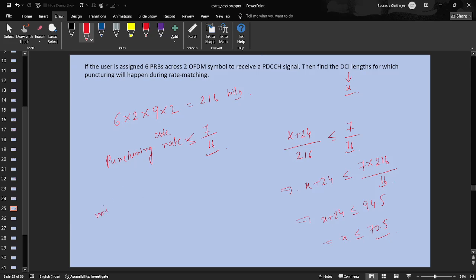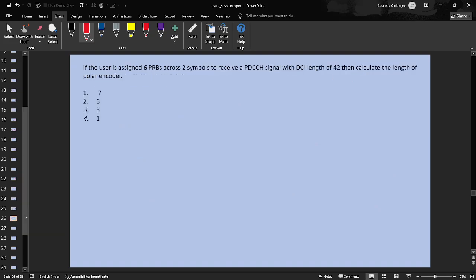And we know the minimum DCI length is 12. Since it's less than, we need to go for the ceiling. So for DCI lengths between 12 and 70, puncturing will happen.